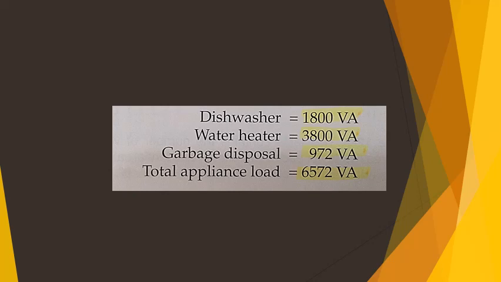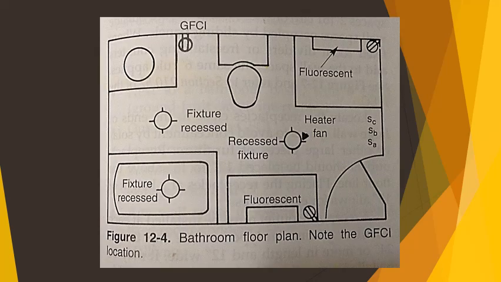Table 220.54. This dryer is a 240 volt, 27 ampere unit. So 240 volts times 27 amperes equals 6480 VAs. So the total load for the clothes dryer is 6480 VA.